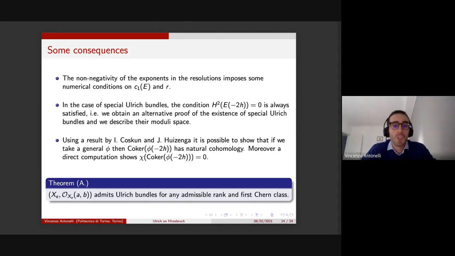So here I'm cheating a little bit because I didn't tell you what an admissible rank and admissible first Chern class is. Of course, you can imagine it, but we can be a little bit more precise with this concept.